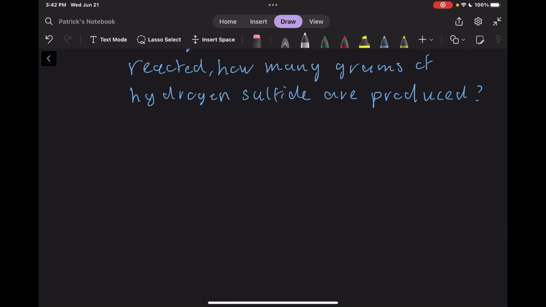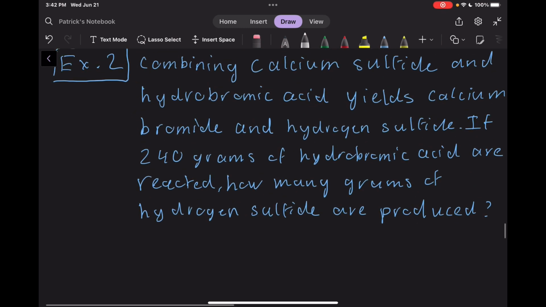This is a standard stoichiometry problem comparing amount of reactant to amount of product. But that's a lot of words we just looked at, so let's try and translate this mess into a chemical equation. Our reactants are calcium sulfide and hydrobromic acid.